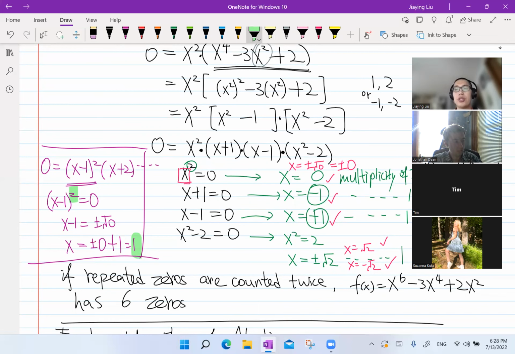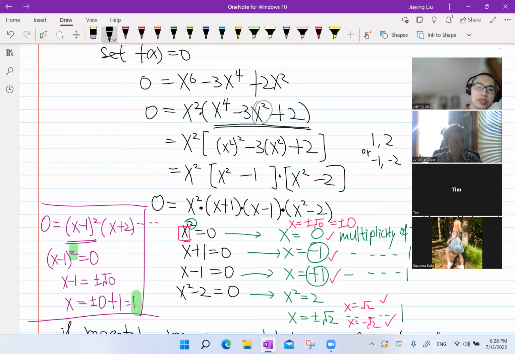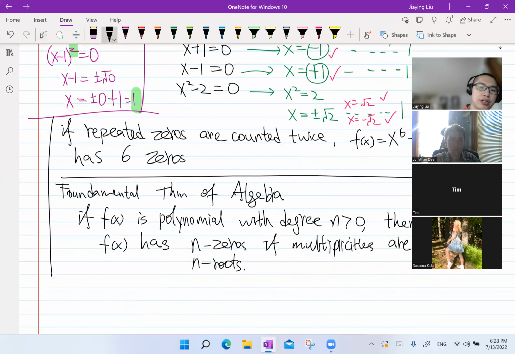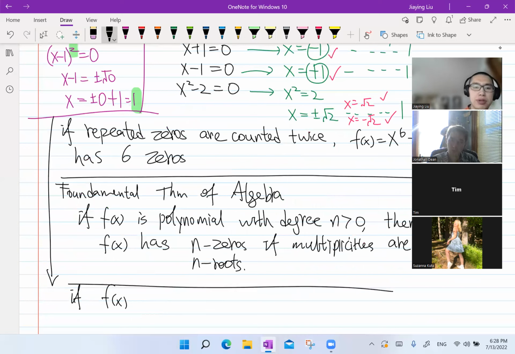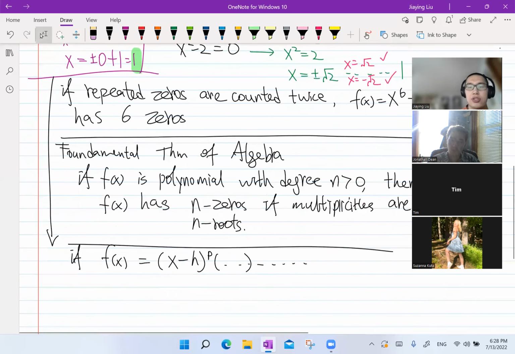So a general rule is that if a function, let me write somewhere below here, if f of x in the factored form equals x minus h to the p, and maybe there are some other terms after this, this is the factored form of f of x.